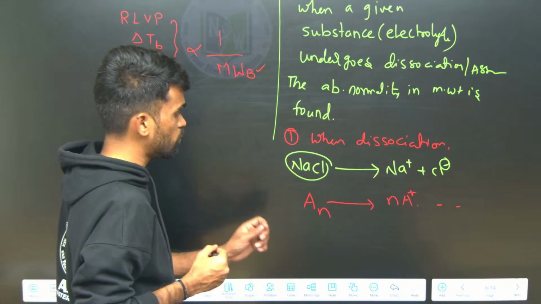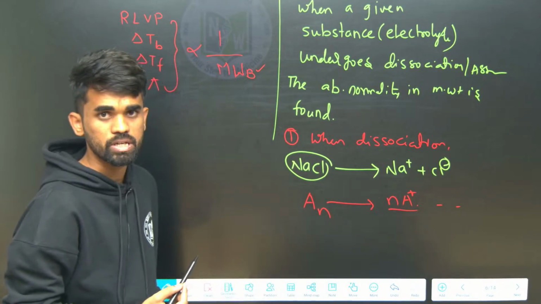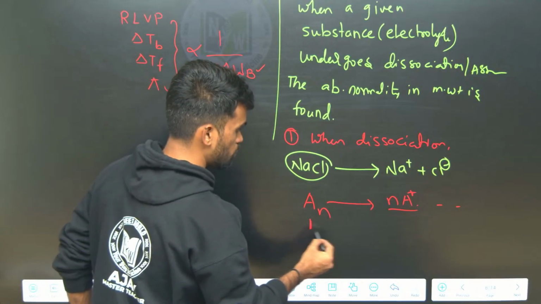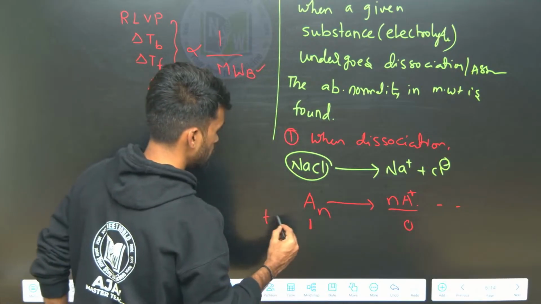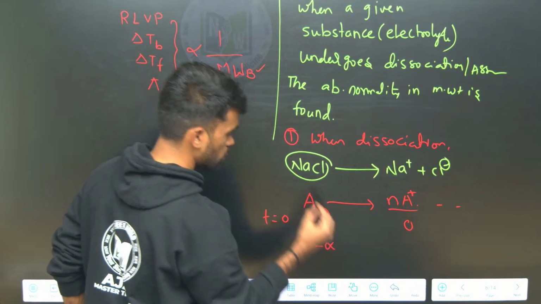Now from this, what did you get? It is dissociated into n particles. Initially we have only one particle, and the dissociated amount is 0 at the beginning. After some time this particle undergoes dissociation.